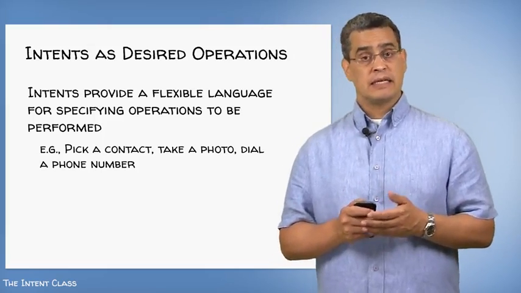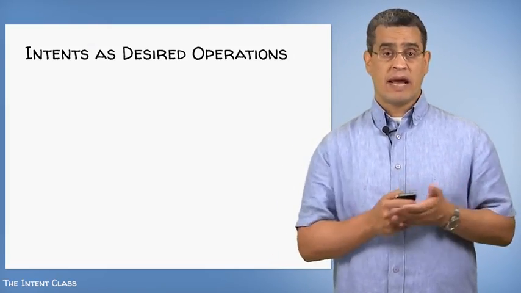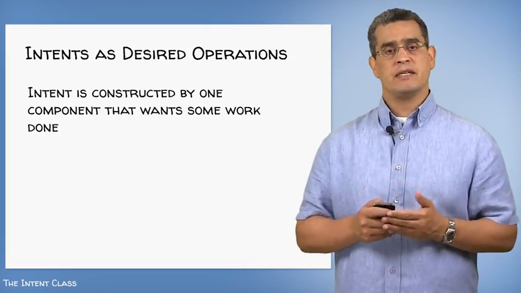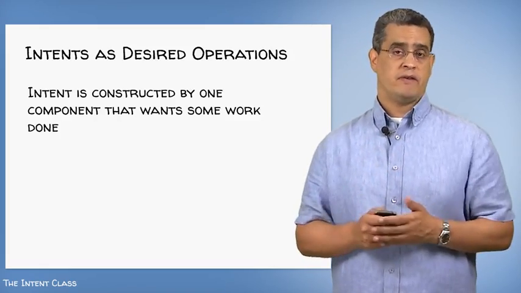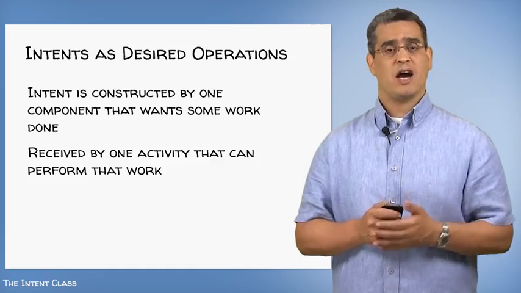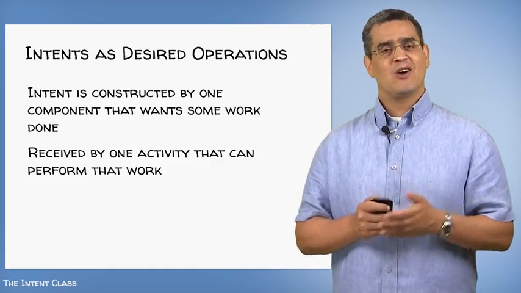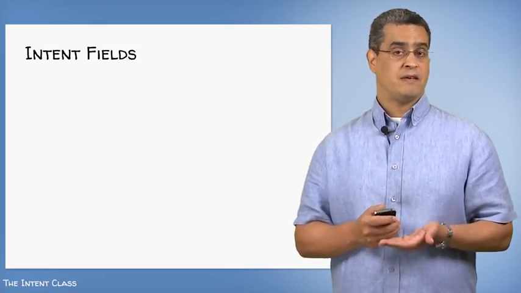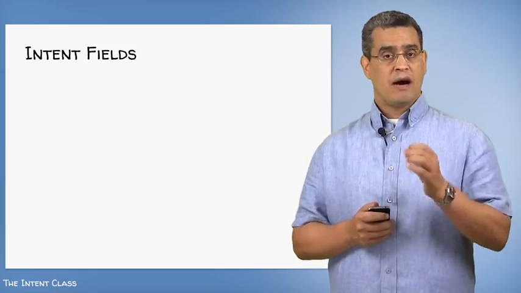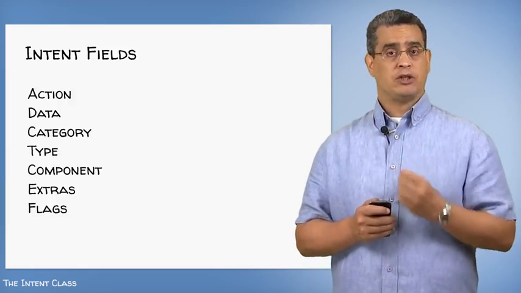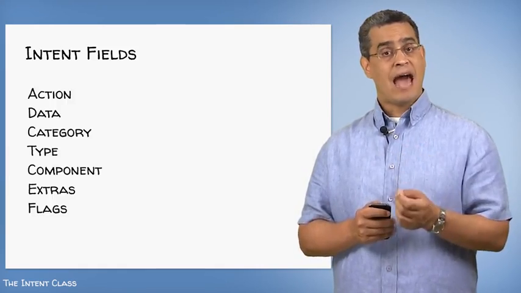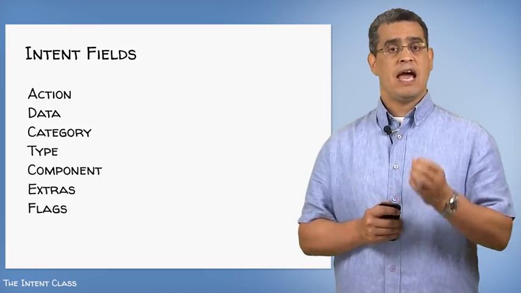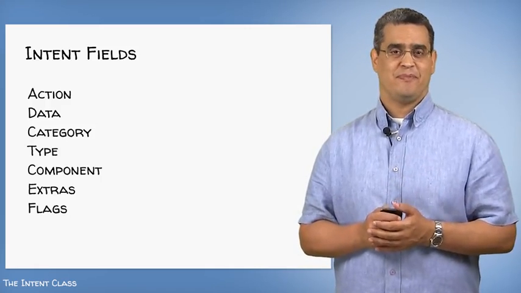And so in practice, intents are usually constructed by one activity that wants some work to be done, and then Android uses that intent to start another activity that can perform the desired work. So let's talk now about the kinds of information that can be specified within an intent. For example, we'll talk about intent fields including action, data, category, MIME type, target component, extras, and flags.